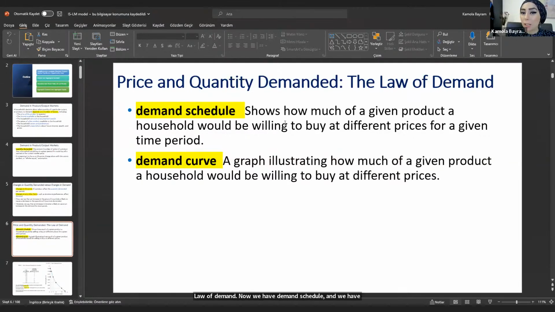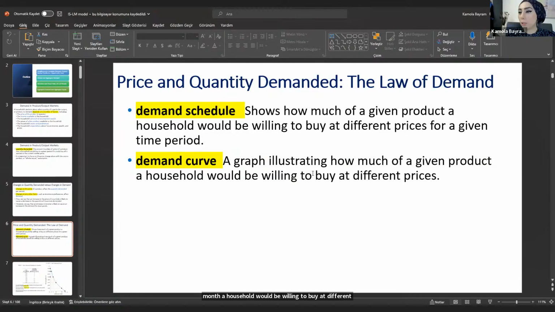The demand schedule shows how much of a given product a household will be willing to buy at different prices for a given time period. Meanwhile, the curve is a graph which illustrates how much of a given product a household would be willing to buy at different prices.